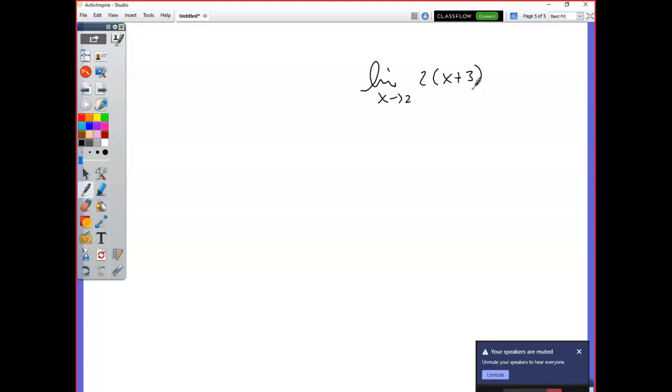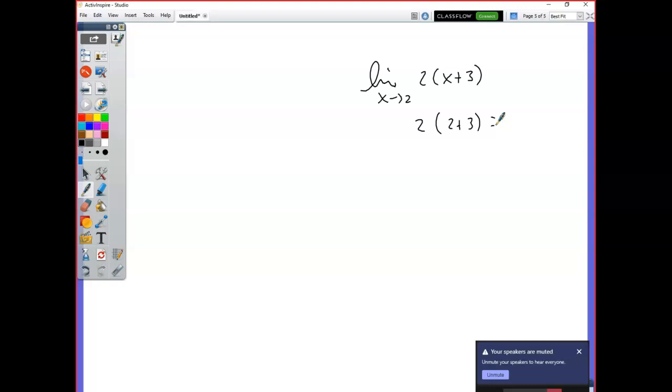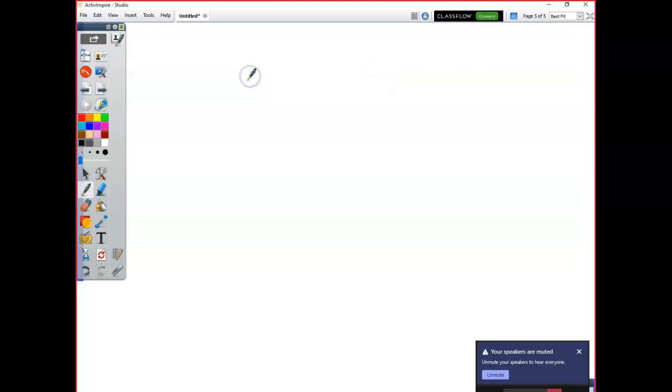I plug in 2, right? So it should be 2 plus 3, and we agree this is going to be what? Oh, sorry. 2, 6, 7, 6, yeah. Okay. So over here I have a rule. It says the limit as x approaches c of b f of x.